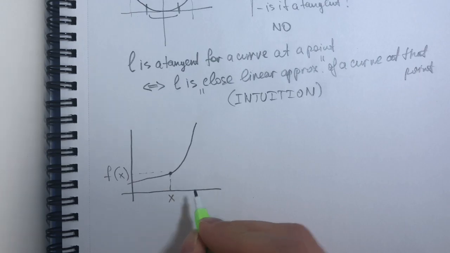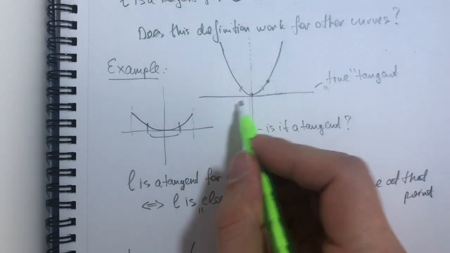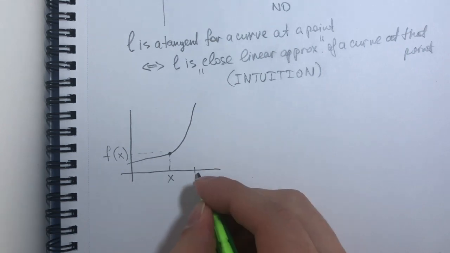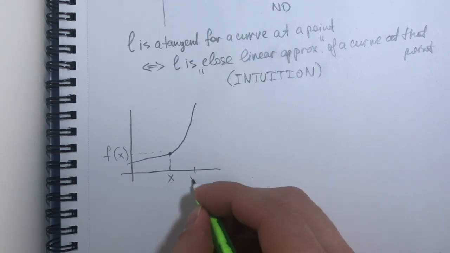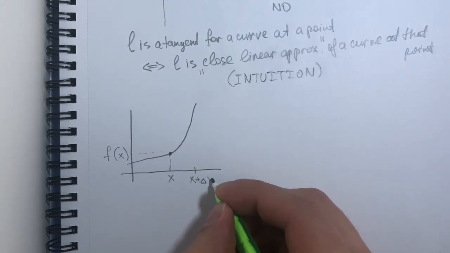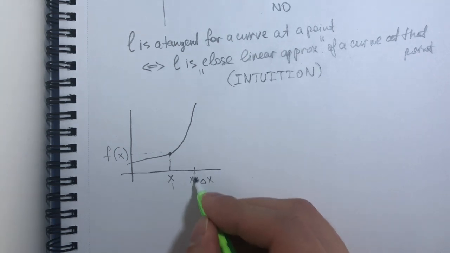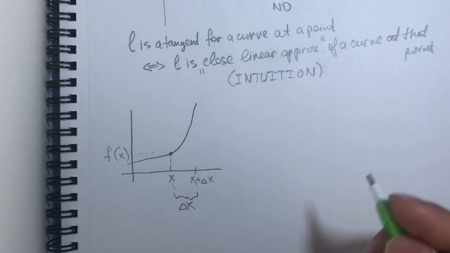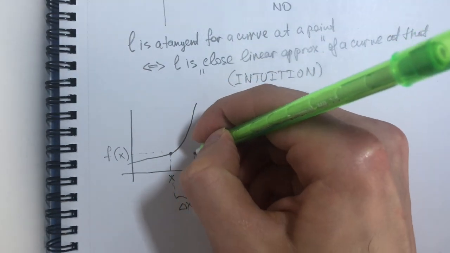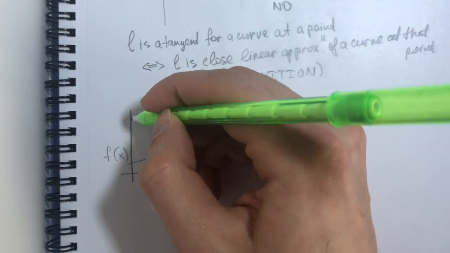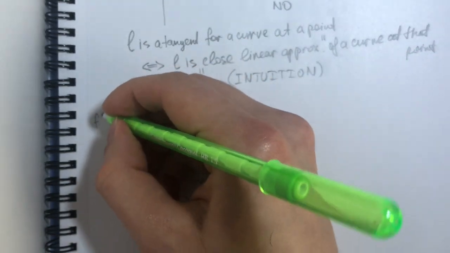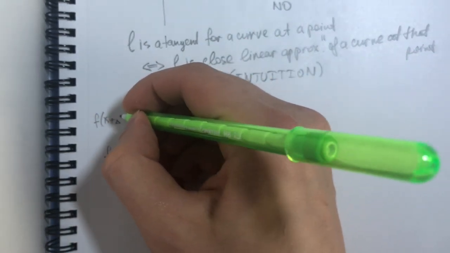And to define my neighborhood, I give it a small increase. And this point is now x + Δx. So this length is just Δx. So this point gets mapped here, and the value of the function is f(x + Δx).